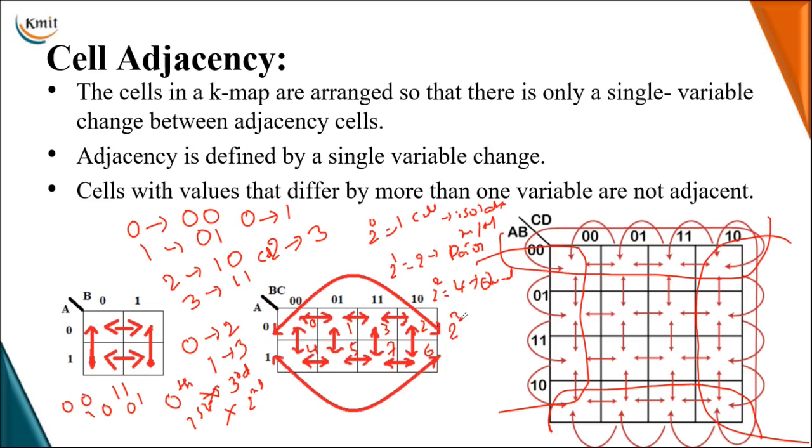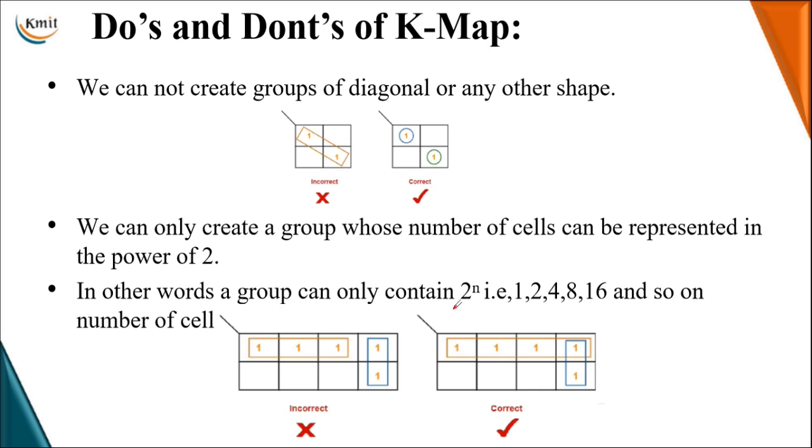Next, 2 cubed is 8, called an octet. 2 power 4 is equal to 16, called a double octet. By forming all these groups of square adjacency, we can form big groups which minimize your function. Now, what are the do's and don'ts in the K-map method?